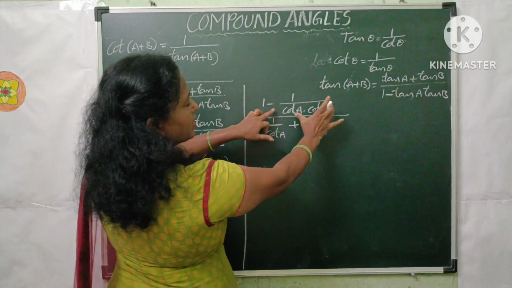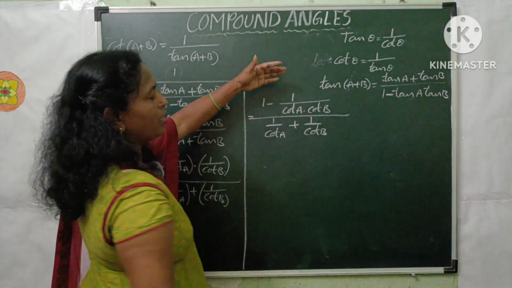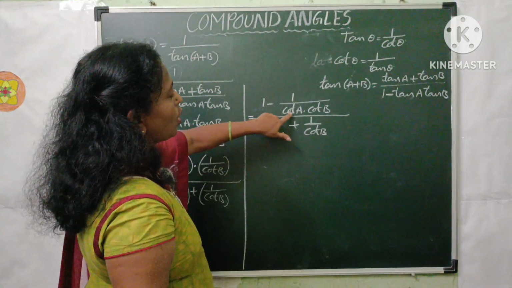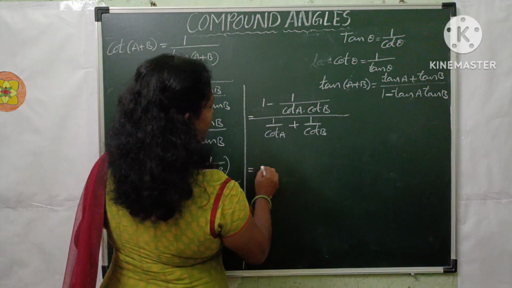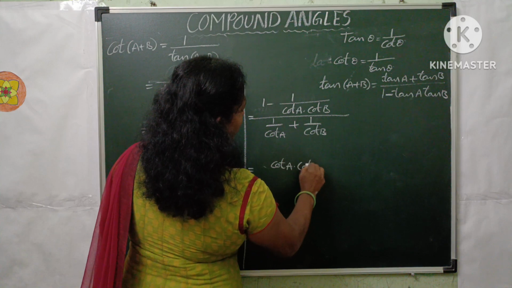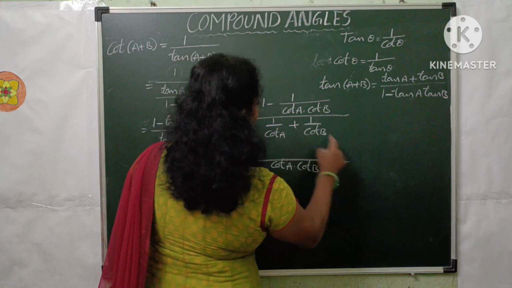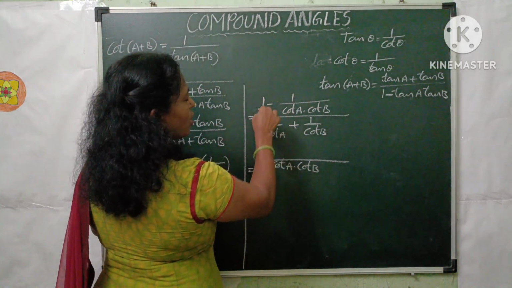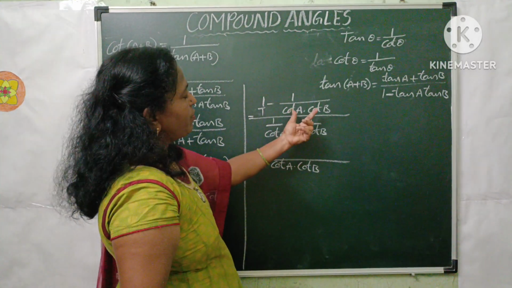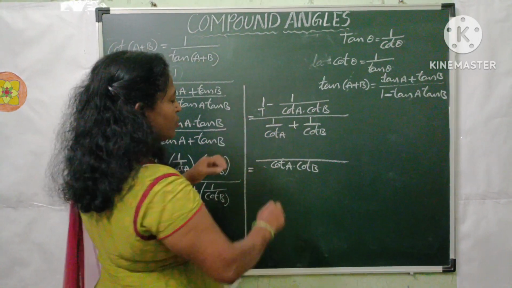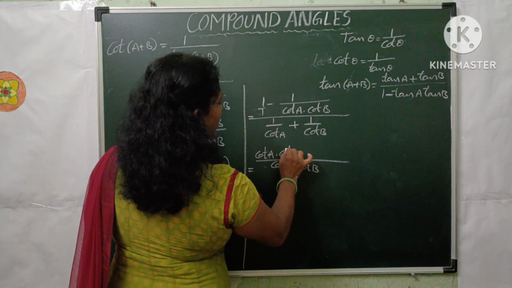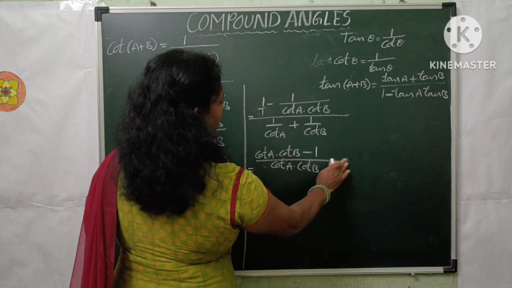We find the LCM separately in the numerator part and the denominator part, with cot A cot B as the LCM. In the numerator, 1 multiplied by cot A cot B is cot A cot B, minus 1.